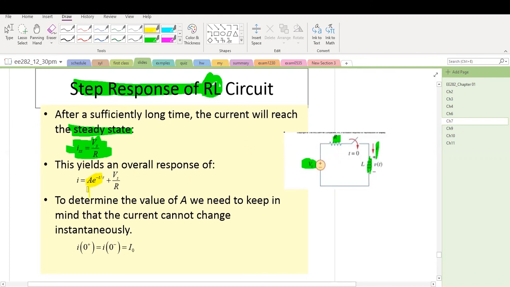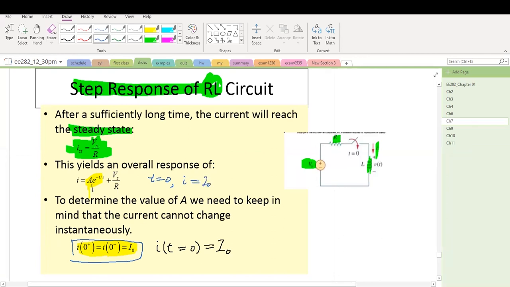And this constant A is determined by the initial current. This is I of t at t equals 0. That's the current at time equals 0. So we plug in this initial value and set t equals to 0. Then I should equal I naught.